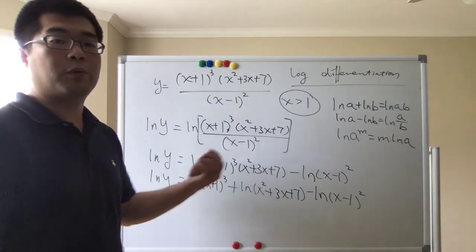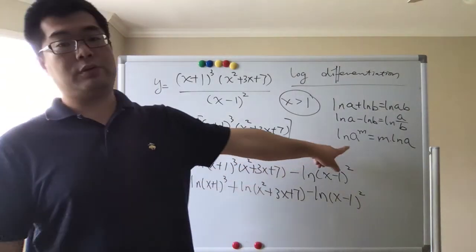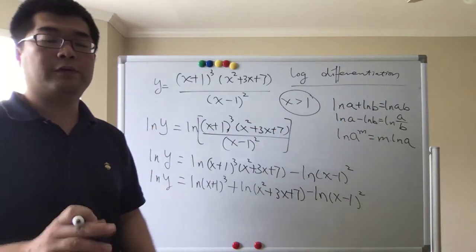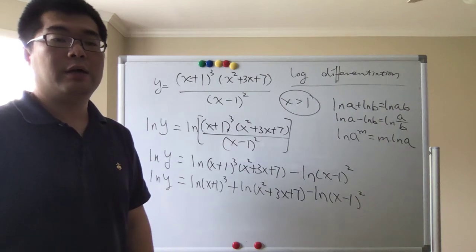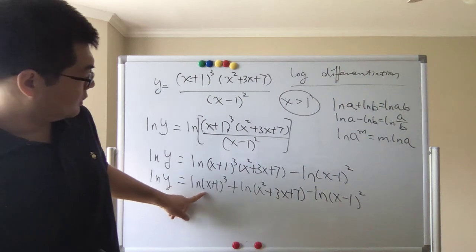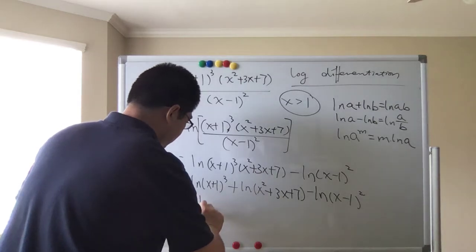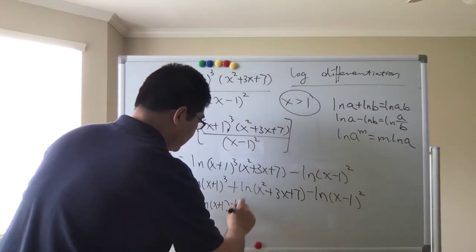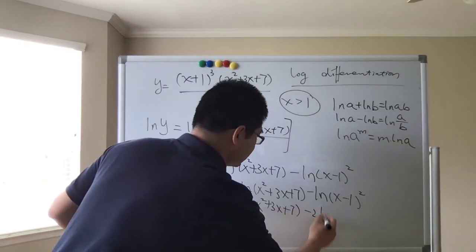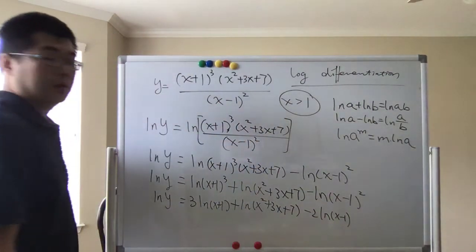But can we do a little bit more? The answer is yes. We use the third property, not only for the natural logarithm but for any type of logarithm. This equals 3 times ln of (x + 1) plus ln of (x^2 + 3x + 7) minus 2 times ln of (x - 1). This gives us ln of y.